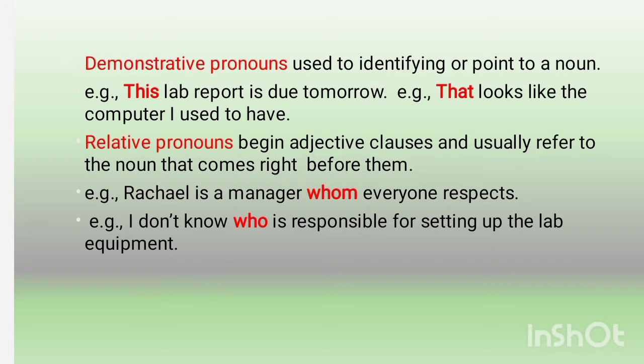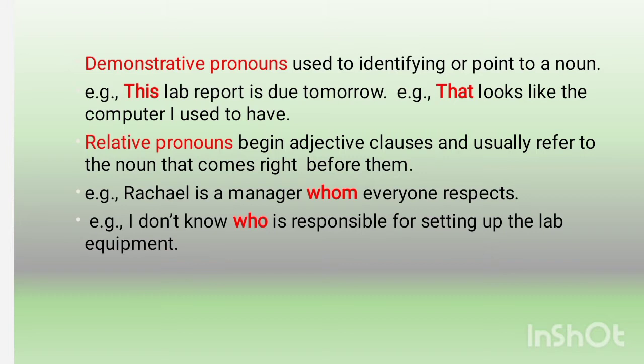And the last is relative pronouns. Relative pronouns begin adjective clauses and usually refer to the noun that comes right before them. For example, Rachel is a manager whom everyone respects. I don't know who is responsible for setting up the lab equipment.